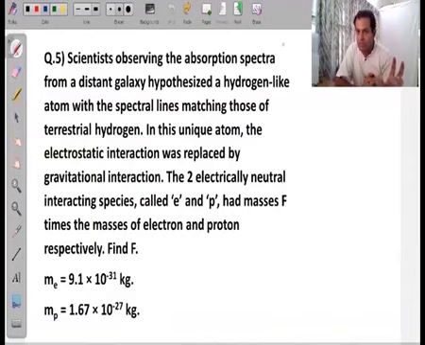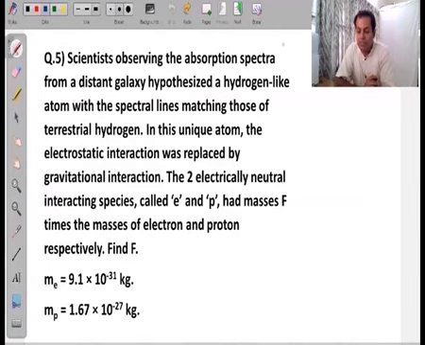So both the species are electrically neutral, but for the sake of convenience, we still call them E and P. E and P don't stand for electron and proton. We just call them E as the particle which goes around the lighter particle, and P the heavier particle which is at the center, which interact with each other based on gravitation.